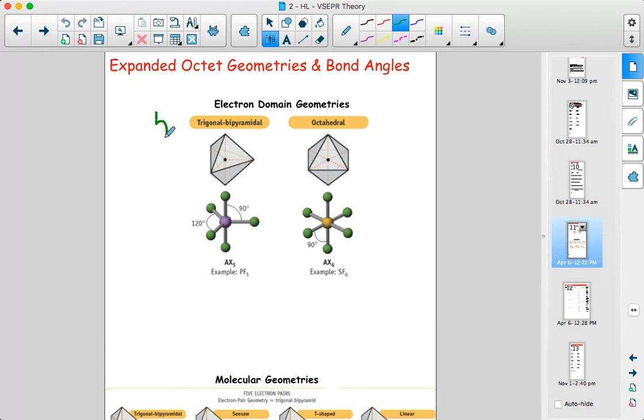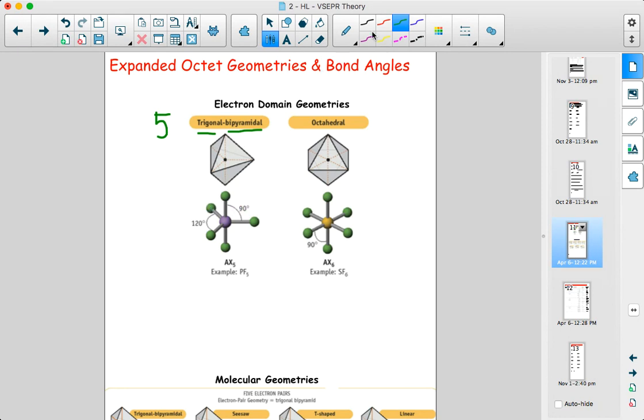When there are 5 electron domains, the way that they will repel each other, according to VSEPR theory, around the central atom is into what's called a trigonal bi-pyramidal shape, essentially 2 trigonal pyramids on top of each other.